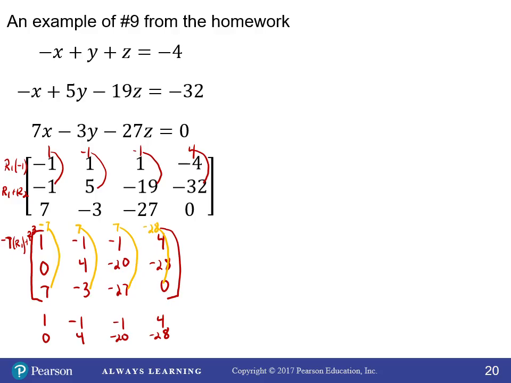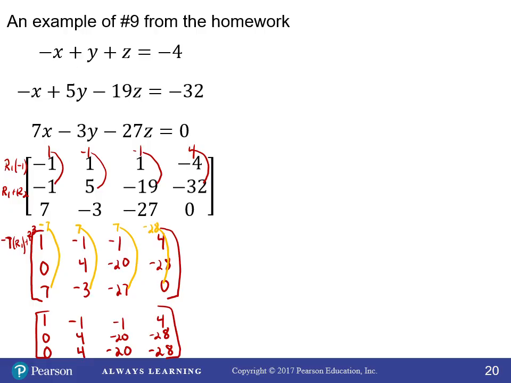Okay, by adding those together, I get a 0 here. 7 take away 3 gives me +4. 7 minus 27 gives me a -20. -28 plus 0 is a -28. Look at that. I have two rows that match exactly.